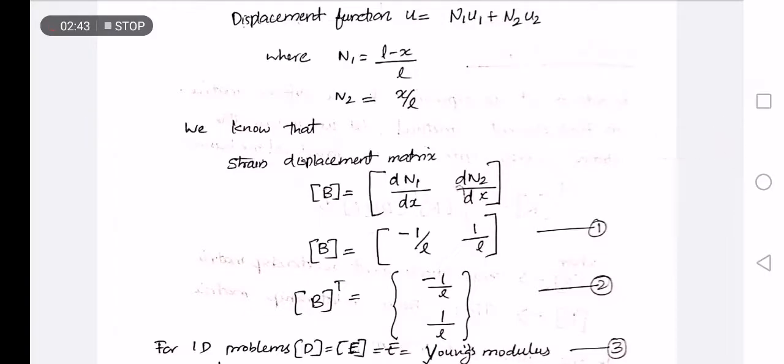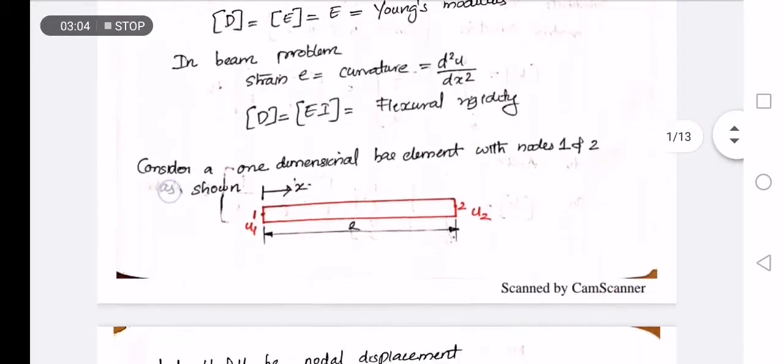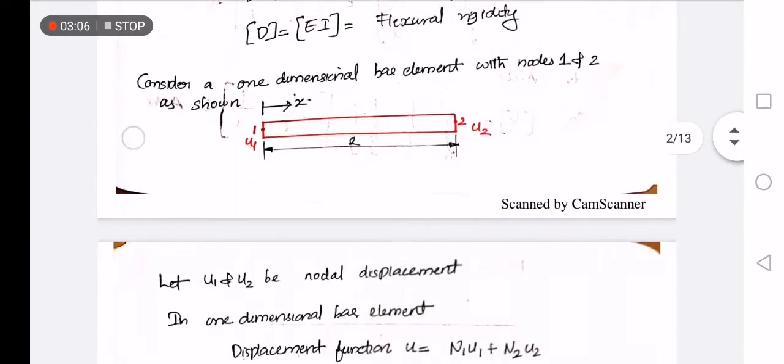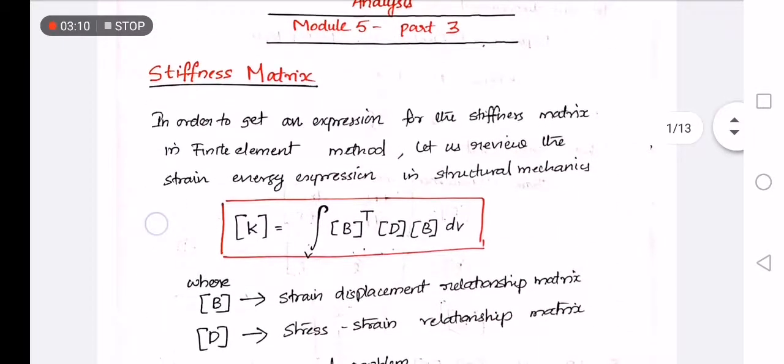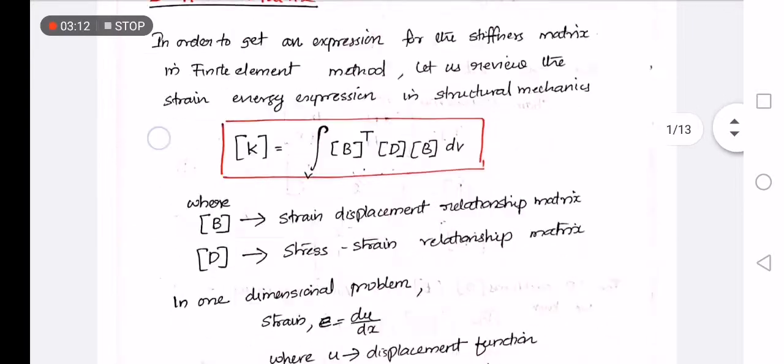So the strain displacement matrix B is equal to the matrix of differentials of the shape functions with respect to x, dN1 by dx and dN2 by dx. So we will differentiate N1 and N2 with respect to x, and we will get B, the strain displacement matrix.